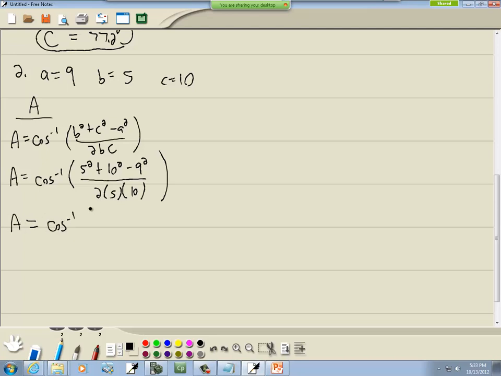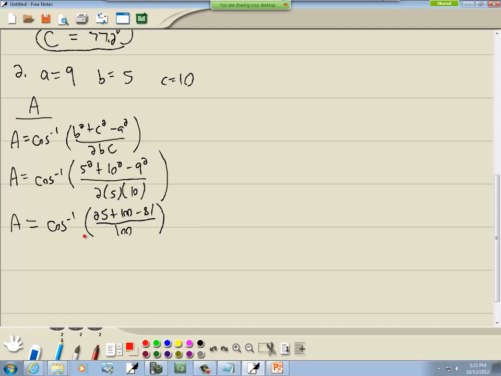So we got inverse cosine. And it's probably beneficial to do a little bit of math here to simplify it. 5 squared is 25, plus 10 squared is 100, minus 9 squared is 81. If these were decimals, I wouldn't do that. 2 times 5 is 10, times 10, gives you 100.